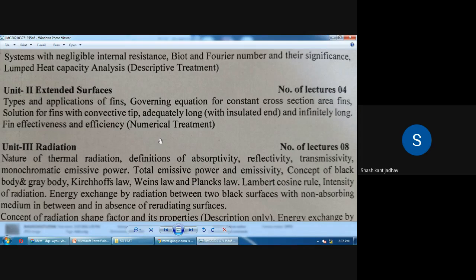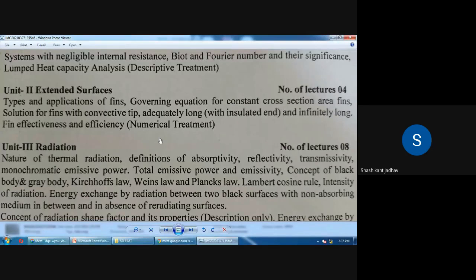So for the extended surface, if the surface is infinitely long, that is case number 1. If that end is insulated, that is case number 2. And if there is heat transfer at the end because of convection, that is case number 3. For these three cases we have to derive the equations and find the values by solving problems.